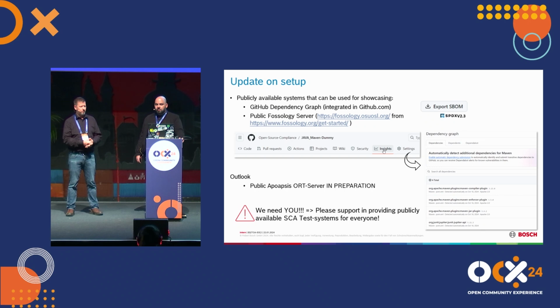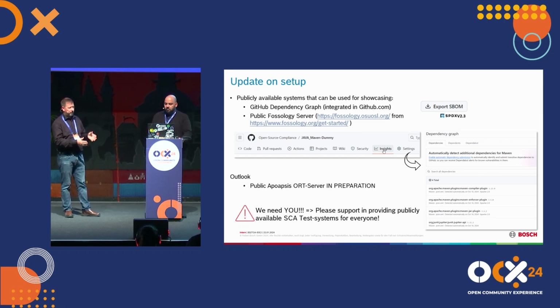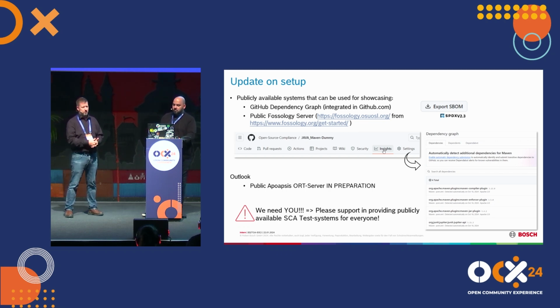Okay, this is not open source, but it's publicly available as an onboard feature. Here is the dependency graph that you need to activate, and then you directly see from the dummy all the dependencies. You can even export an SBOM in SPDX. This is one vendor, if you want, that you can directly test.